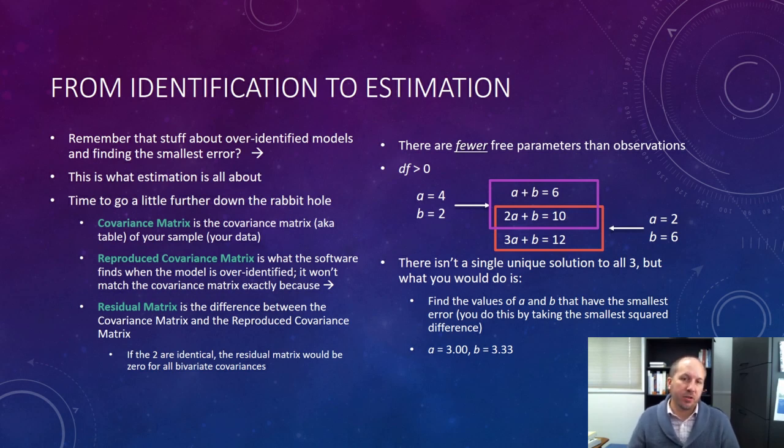When you have an under-identified model, there's going to be a difference between the covariance and reproduced covariance matrix, just like we see on the right side of this slide. The residual matrix is the difference between the covariance and reproduced covariance matrices. So when we have an under-identified model, we're going to have some residual left over. There's going to be some difference. When we have a just identified model, it's going to be zero. There's going to be no difference.